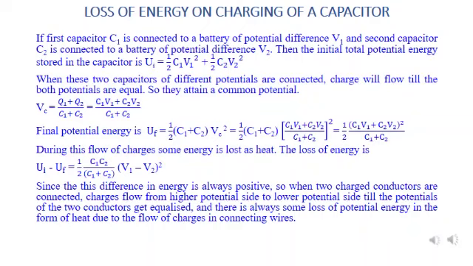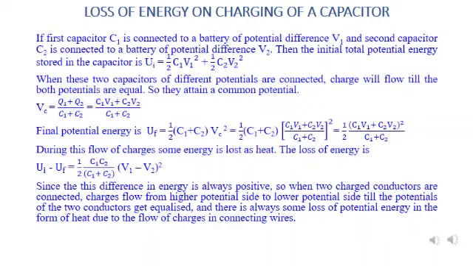So they attain a common potential called Vc, which equals total charge divided by total capacitance, that is Q1 plus Q2 divided by C1 plus C2. Since Q equals CV, the expression becomes C1 V1 plus C2 V2 all divided by C1 plus C2.